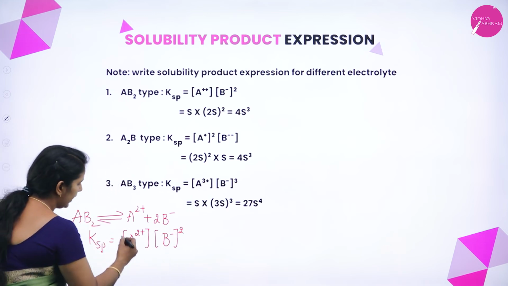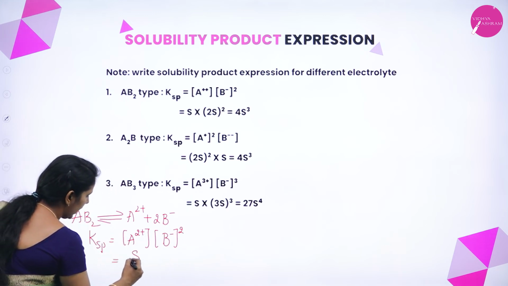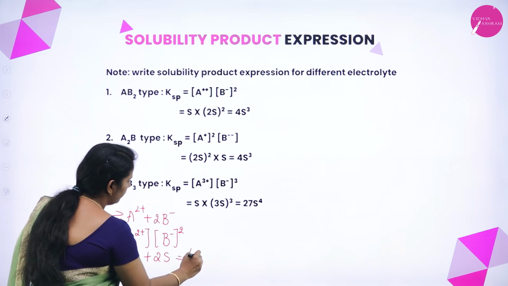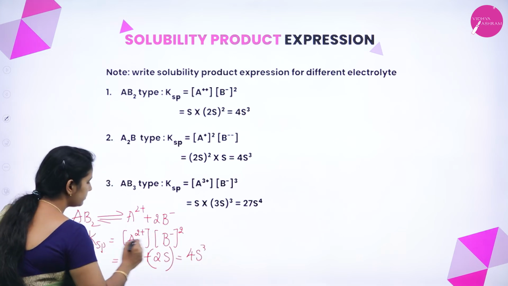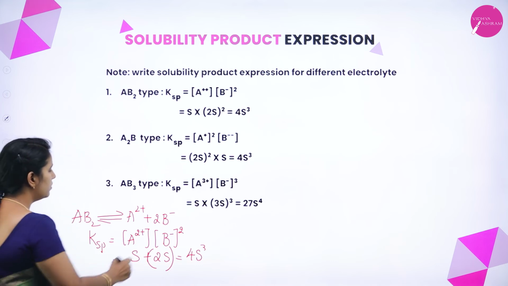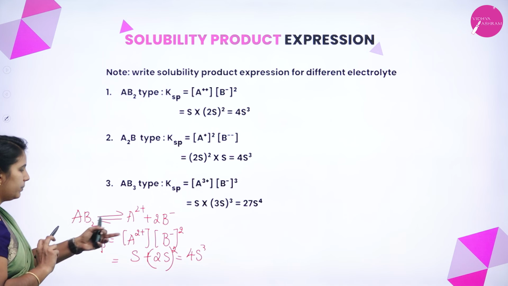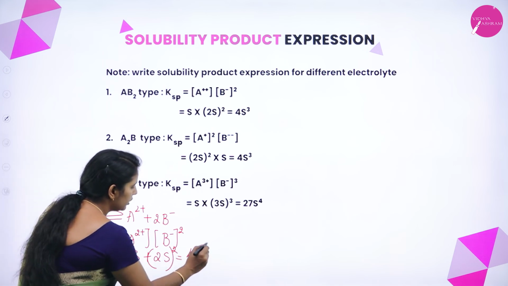So now the Ksp for the above equation is S into 2S whole square, which is nothing but 4S cube.